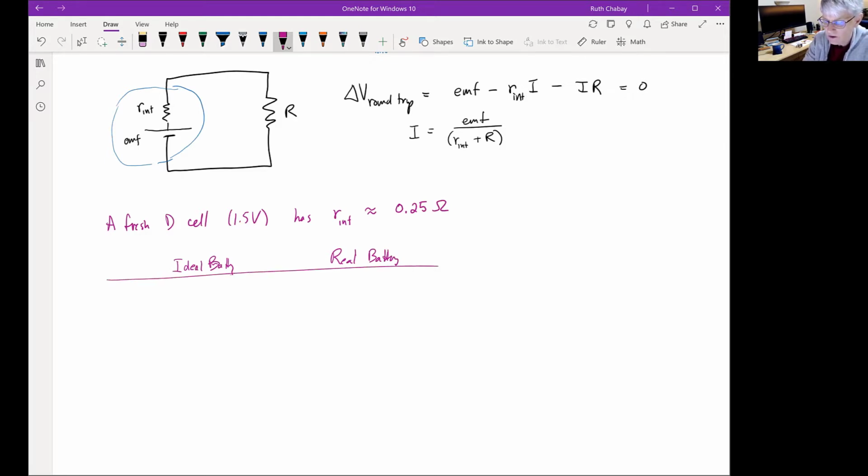Suppose our resistor R was 100 ohms. Then the ideal battery would give a current of 1.5 volts over 100 ohms, so we'd get 1.5 times 10 to the minus 2 amps.